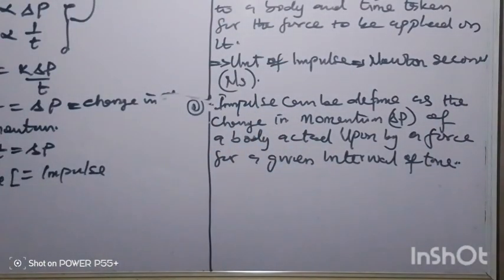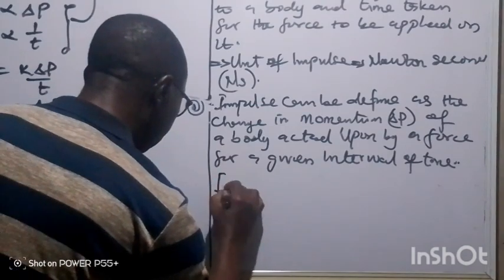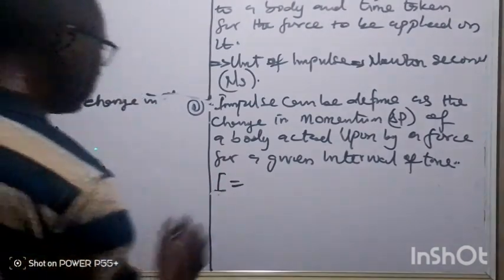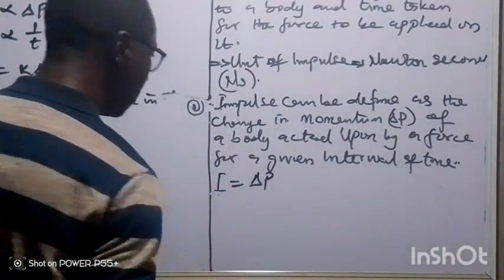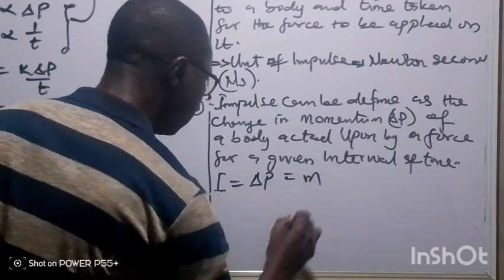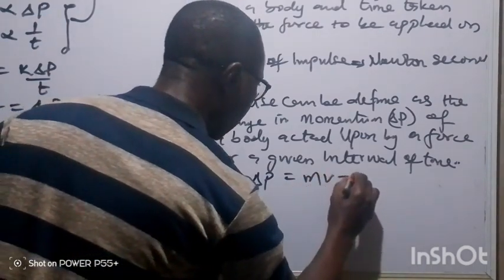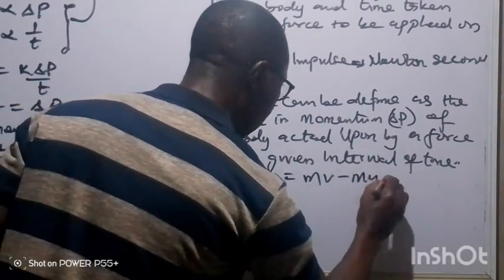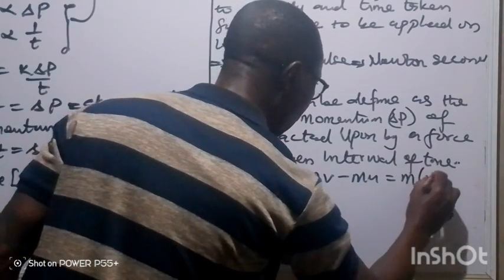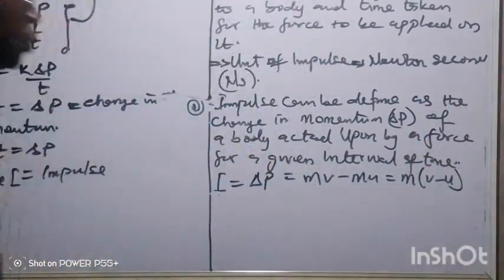Therefore, from this one, we can say I is equal to delta P, which is equal to mv minus mu. Then this will give m into v minus u.